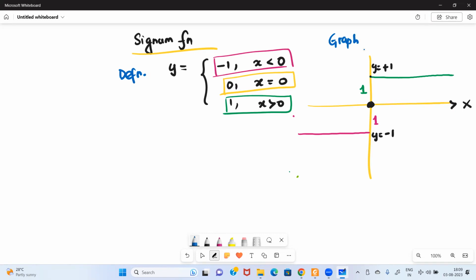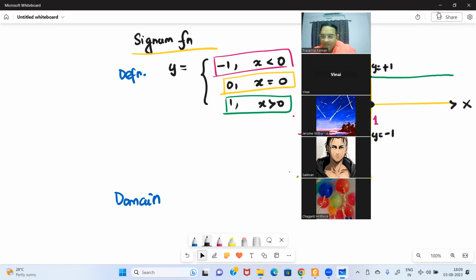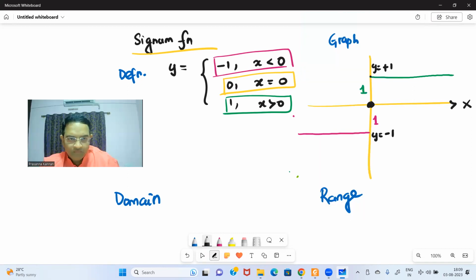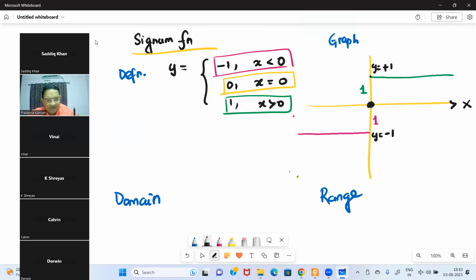Then what is the next thing to do? Domain and range. What is domain, students? Set of all values that... come on, Sadiq, tell me. Sadiq, unmute yourself. Quick, we don't have time. Now tell me, what is meant by domain of any function?